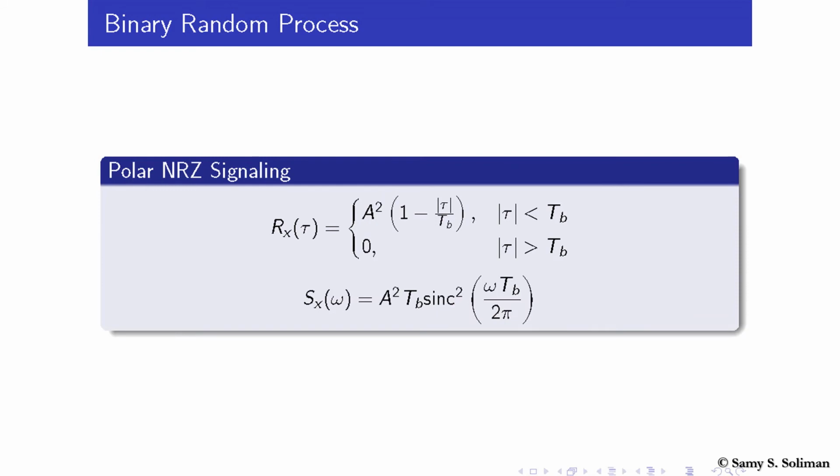In order to calculate the power spectral density of the random process of polar non-return to zero signaling, we just calculate the Fourier transform of the autocorrelation function. And as we know from the Fourier transform pairs, a triangular function in the time domain has a frequency domain representation by a sinc squared function. So we have A squared TB sinc squared of omega TB over 2 pi.